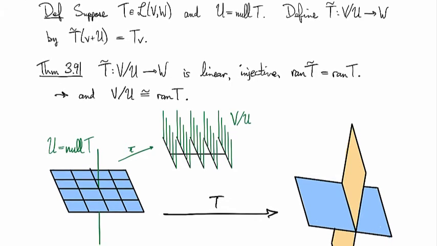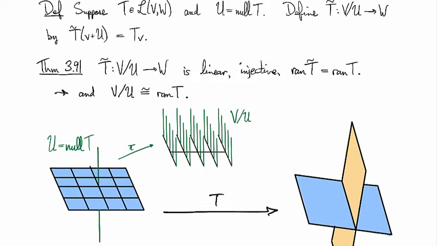Here I'm looking at something like the example in the previous clip. Think of this as R3, and we've got a linear map from R3 into R4. And over here, I'm going to take the z-axis as the null space of T.